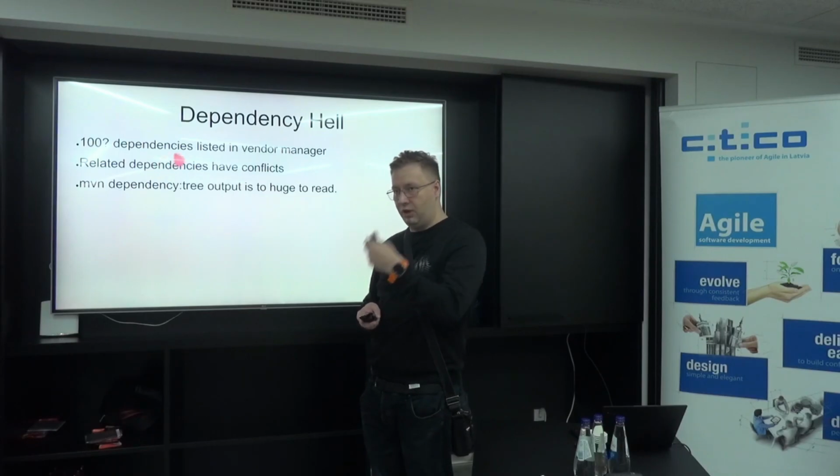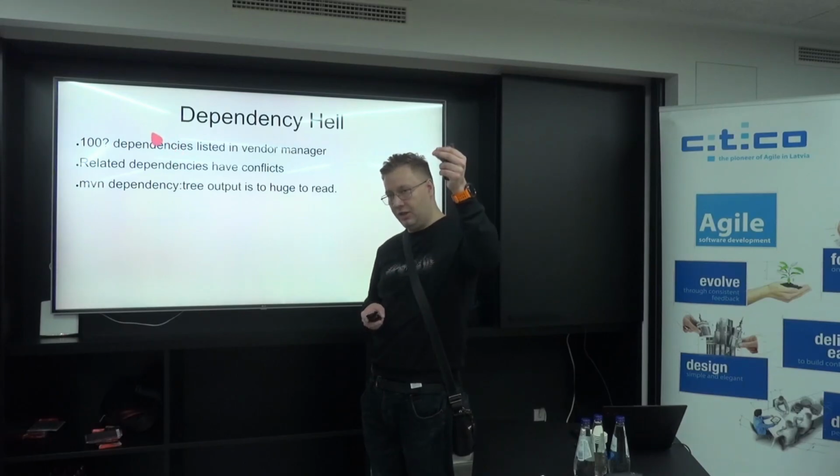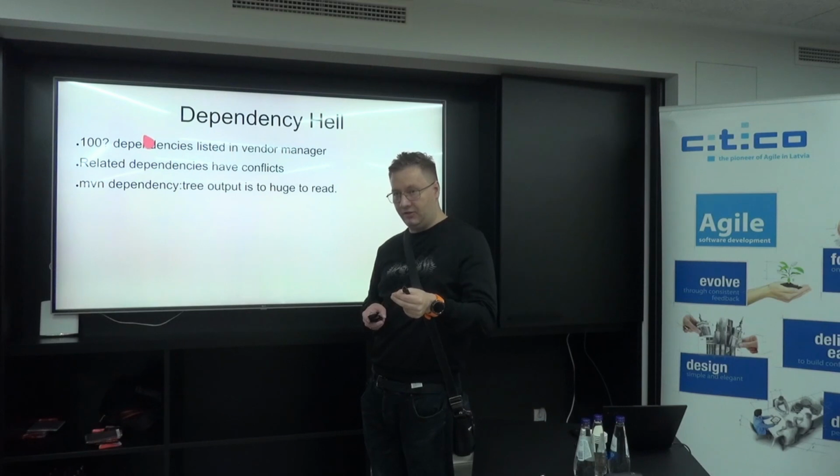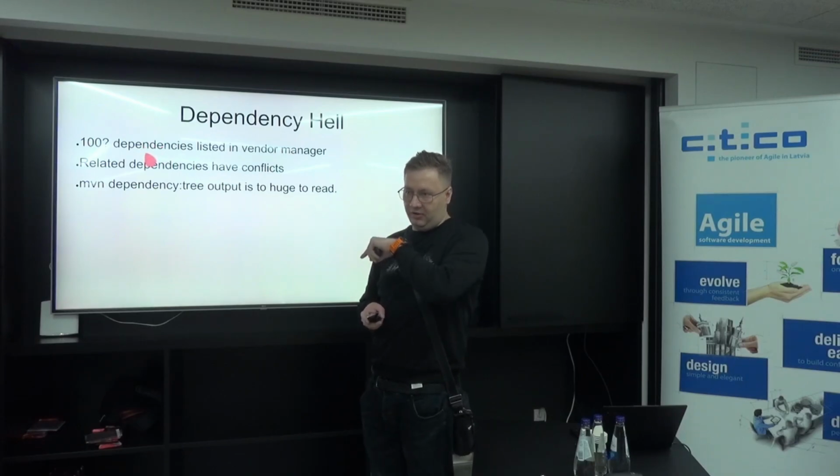For example, if you have 5 dependencies that are utilizing JUnit, one will specify version 9, another will say that it likes 10, a third will say that it likes 11, and there is a command where you will see that the dependency resolver is actually giving you version 9.